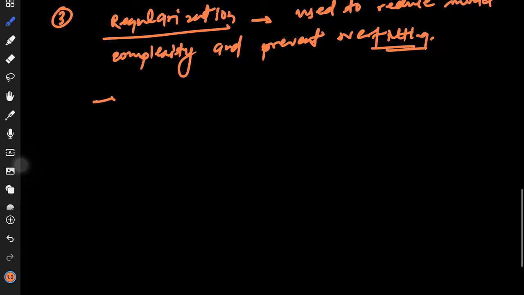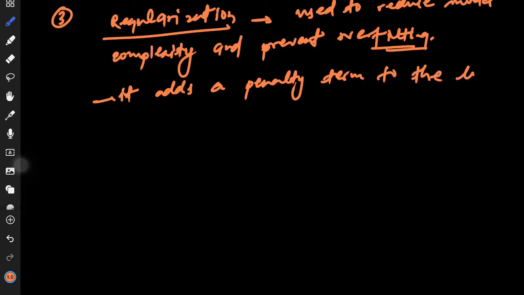What it does is add a penalty term to the loss function.